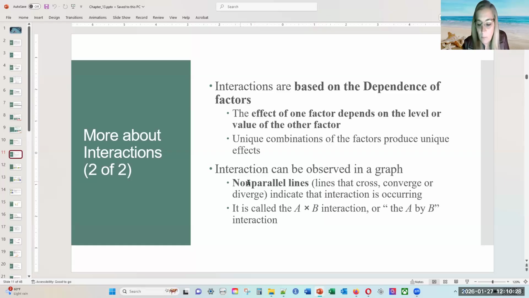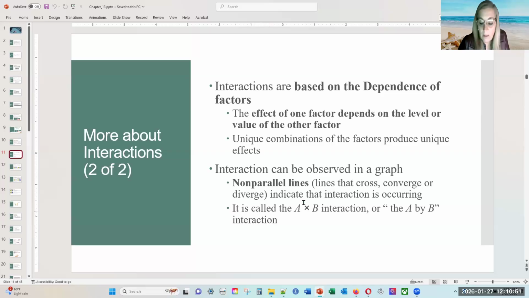When you see non-parallel lines, so say you graph the means for each factor, and then you view it on a chart, and you see non-parallel lines, and these are like lines that are crossing or they're converging into one another or diverging. That can indicate that you have an interaction.